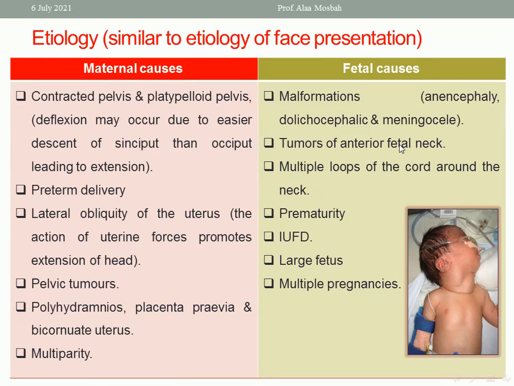For fetal causes, malformation like anencephaly, tumor of the anterior fetal neck, or multiple cord loops around the neck, or prematurity, intrauterine fetal death, large fetus, or multiple pregnancies. So the etiology is similar to that of the face. Any cause that leads to a deflexed or extended head will give me either brow or face presentation.